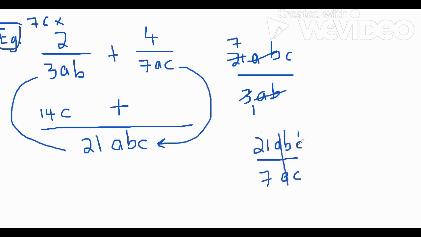A and C, so it would be 3B and 21. So what we get is just what? 3B. So this up here is going to be 4 times 3B, which is what? 12B. And this would have been our final answer because you can't add C and B.